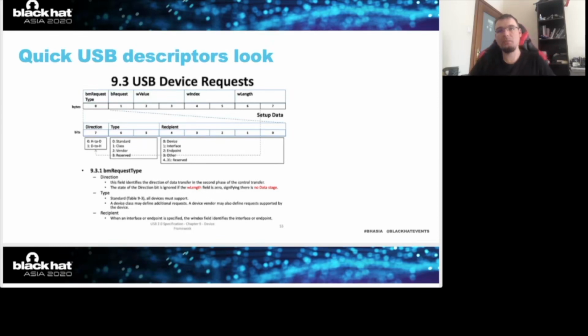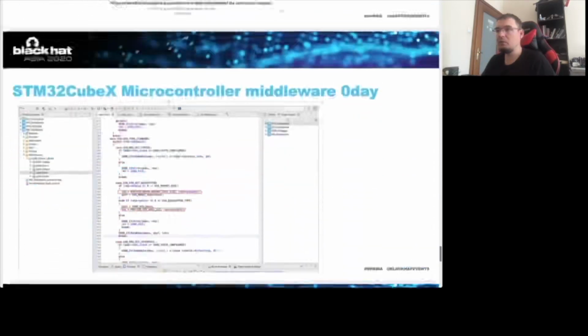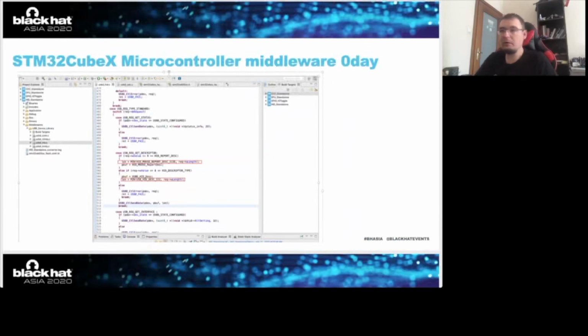mostly we don't need this amount of data when the wLength field is calculated in the USB descriptor message. So we started looking through the code for any places where this length is checked or not checked, and how it's used by the code. And we found a very interesting point.